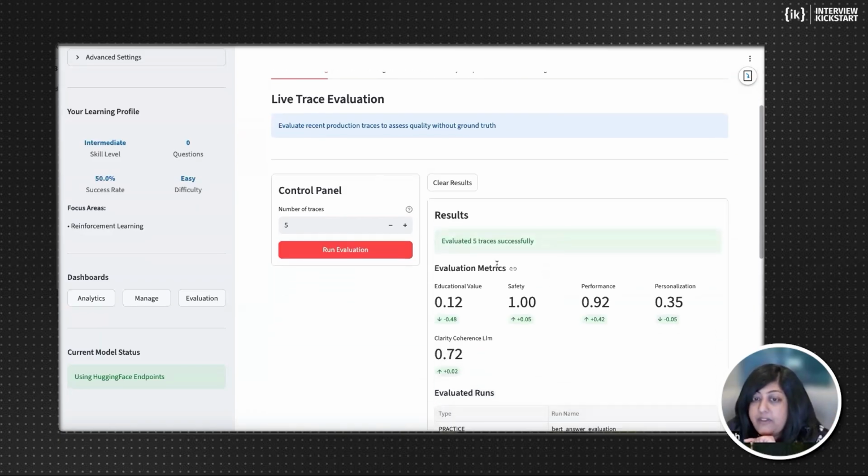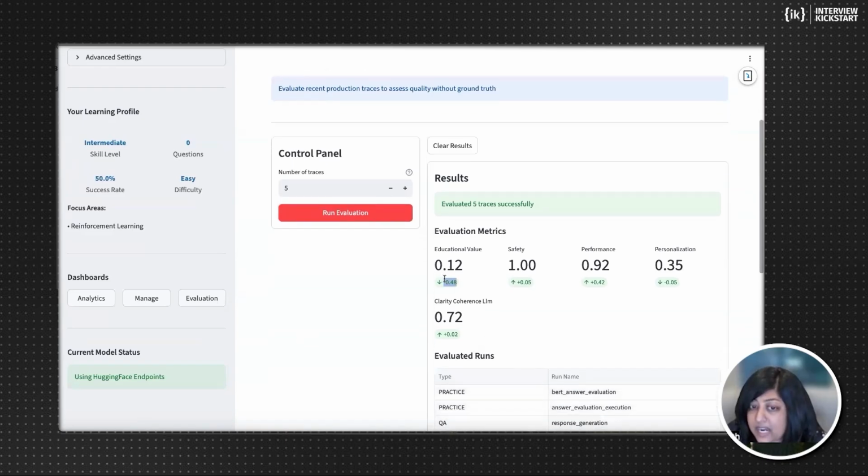All right. So the custom metric evaluators have run, and they're saying that on the traces evaluated for the beta user who worked through the QA mode workflow as well as a practice session workflow, the educational value was 0.12. So it's below the expected score of about 0.6 by 0.48, right?